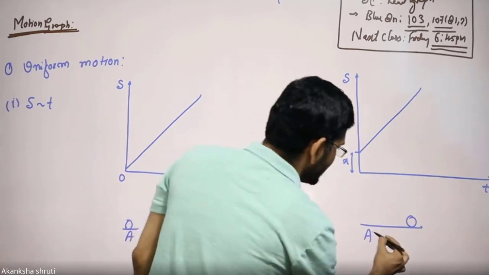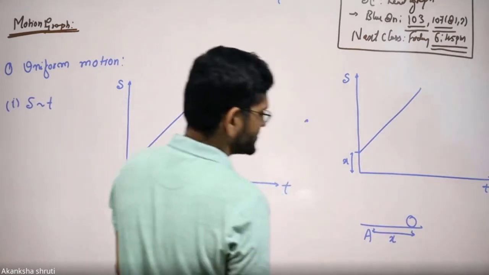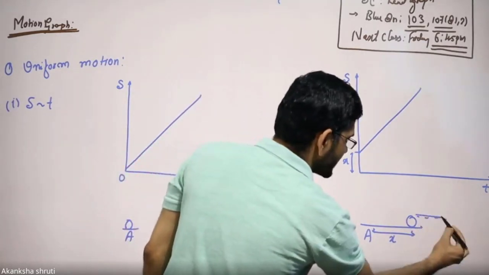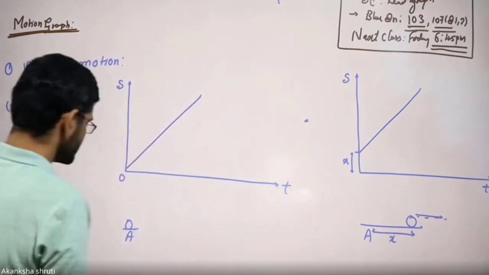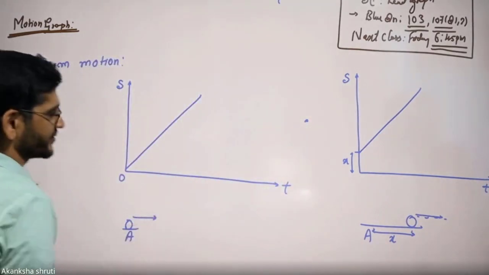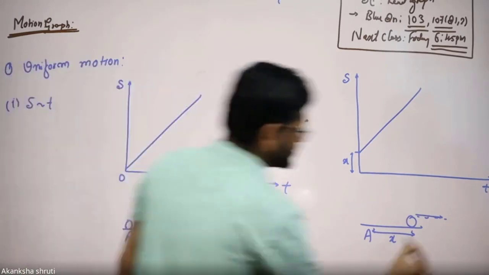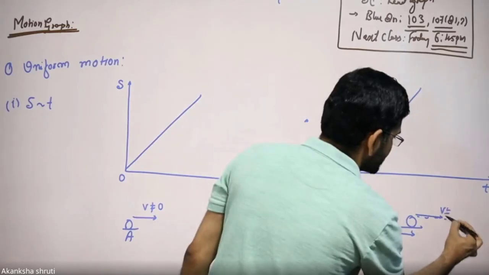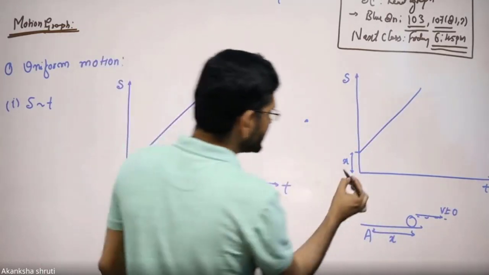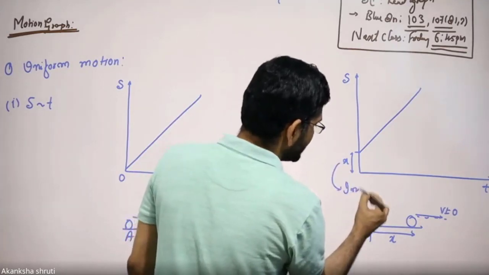This is the initial gap between the observer and object. Then this distance goes on increasing, means it is moving. From here itself it has started moving. So in this case, v is not 0, and here also v is not 0.